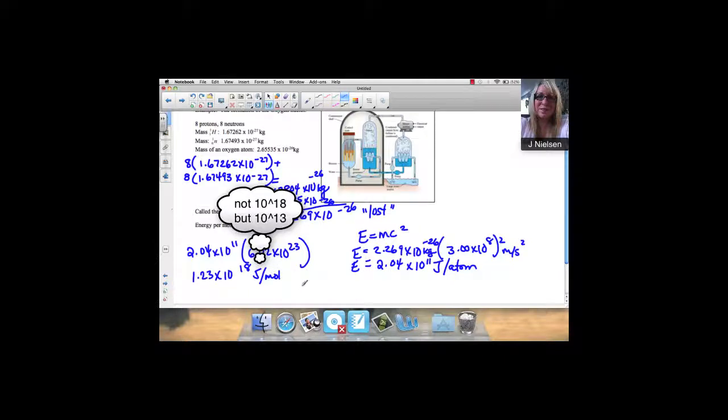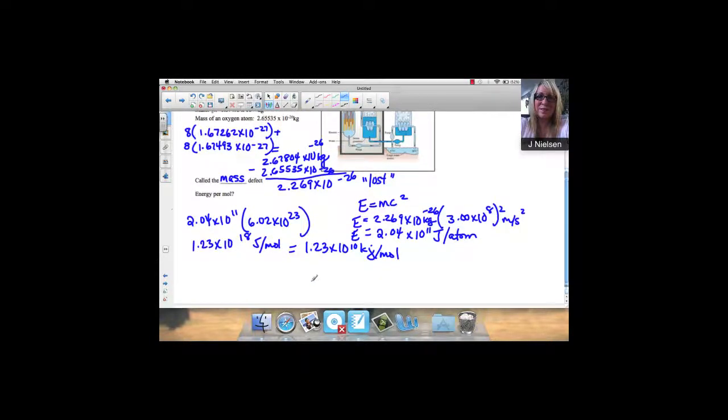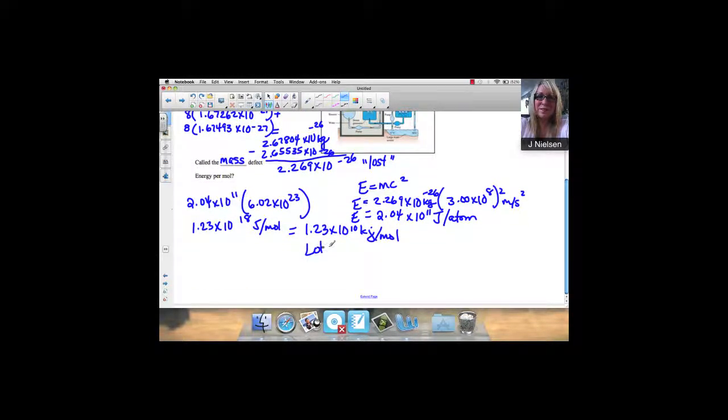And I could divide that by 1,000 and turn it into kilojoules, and I get 1.23 times 10 to the 10th kilojoules per mole. That is a ton of energy. Lots of energy.